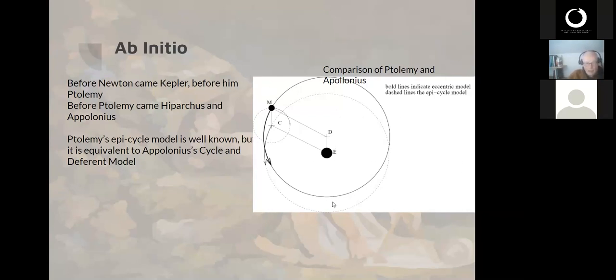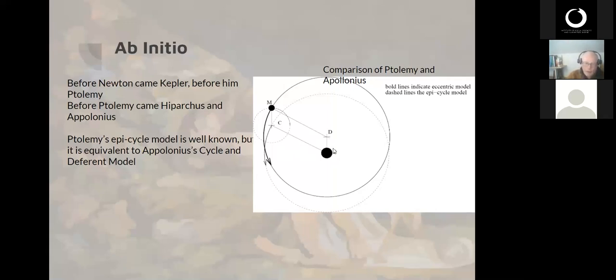I'm giving an example diagram here which shows the comparison between the way Apollonius and Ptolemy modeled them. Ptolemy modeled things with a deferent and equant and epicycle. You had line EC to the center of a point that the moon orbited in an epicyclic movement around it.